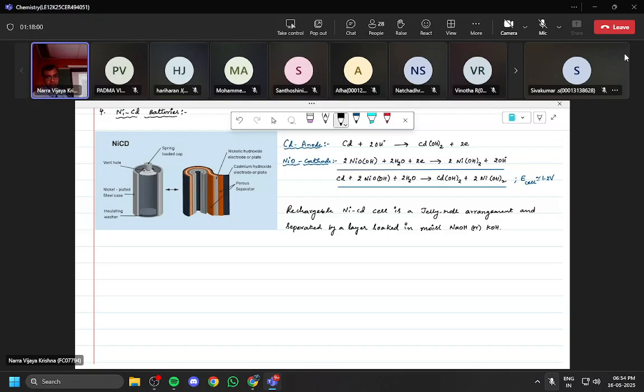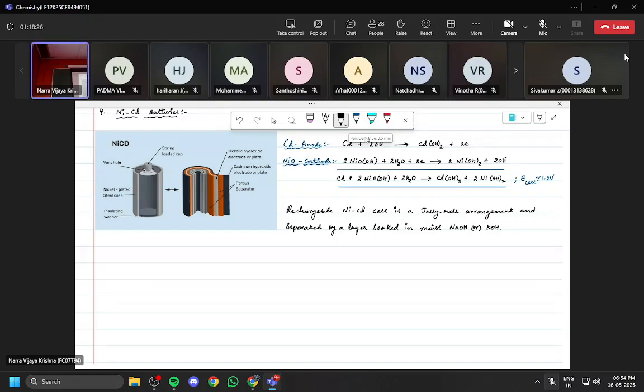Next cell, sir. Addition cell? Fuel cell. Oh, addition cell is not there. Addition cell is there. One minute. Addition cell is not there, but I remember, maybe while you are solving numericals, you may find it.